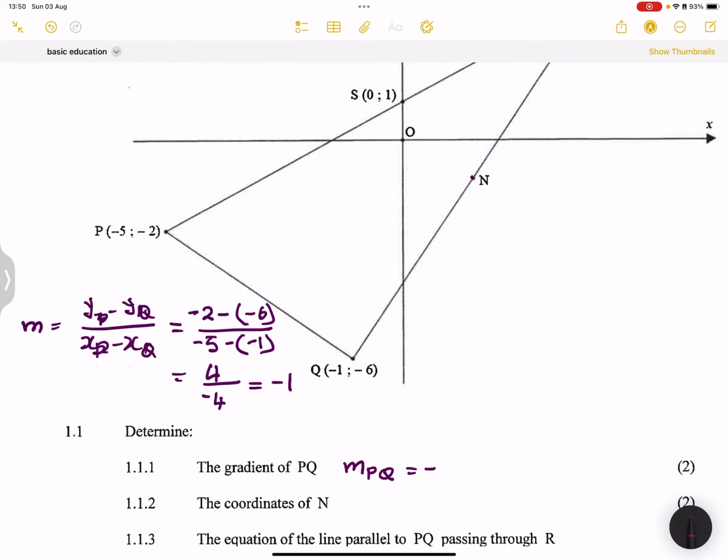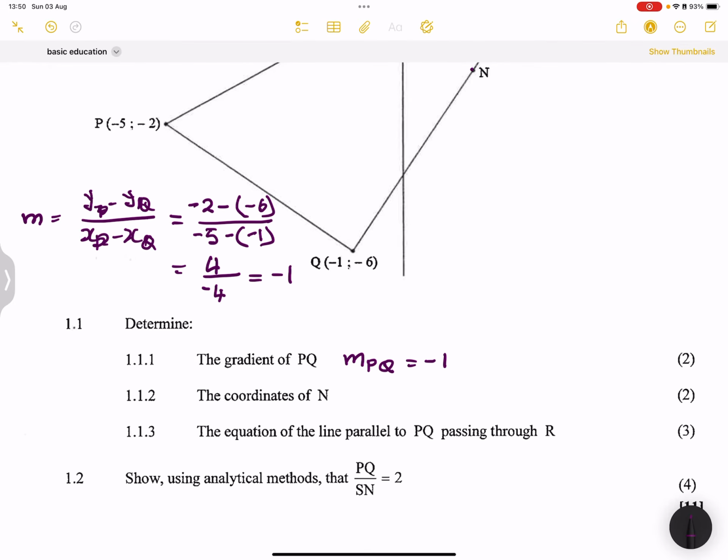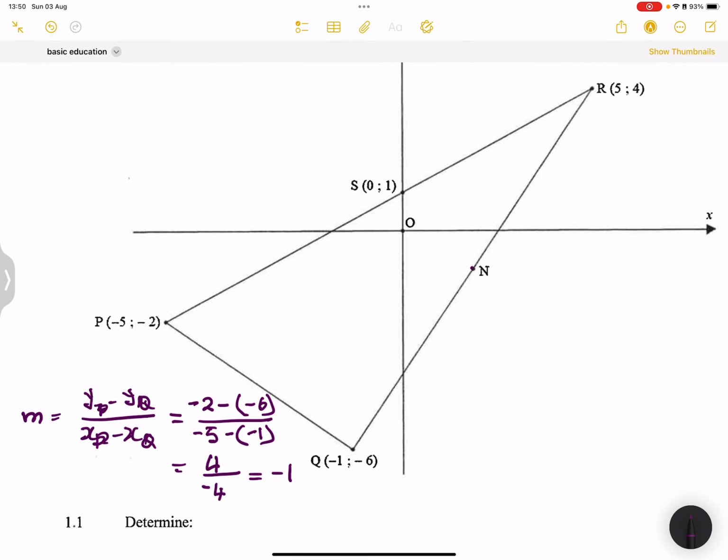All right, let's go to the next question. They say the coordinates of N. Remember they said that N is the midpoint between the points R and Q. So the coordinates of N are xq plus xr over 2 for the x coordinate, and for the y coordinate, yq plus yr divided by 2.